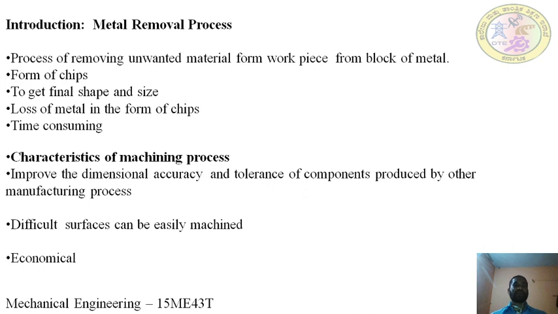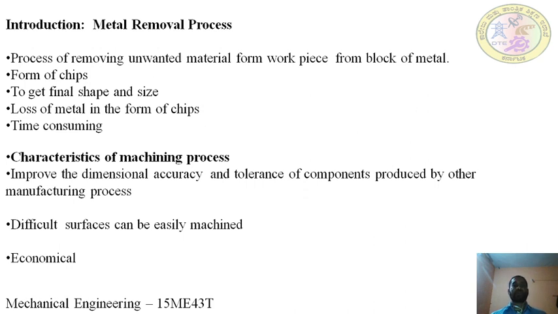So the components produced from other manufacturing processes, that may be forging or casting, are not finished to the required shape and size. So always some extra material is added in this manufacturing process. Why? Because it has to be machined in order to give its required dimension and also a good surface finish.